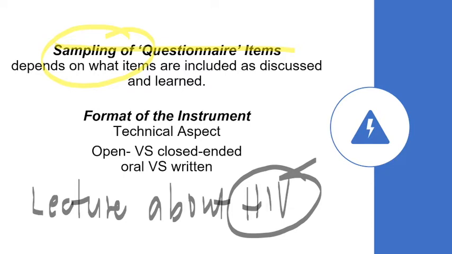In other words, ideally, for example, in education, we should have the table of specifications. In the table of specifications, it is where we indicate the number of items that we would have for our coverage. So, for example, let's talk about medical surgical.